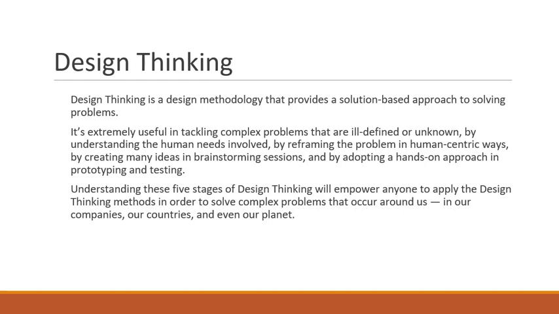Okay, so these are the phases in design thinking to solve complex problems which are quite unclear. By involving a human-centric approach, then you perform brainstorming and also hands-on prototyping and testing.